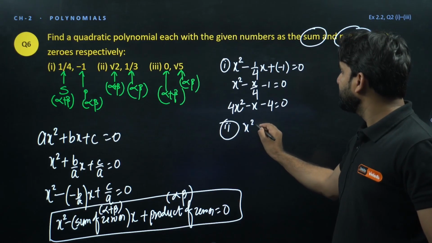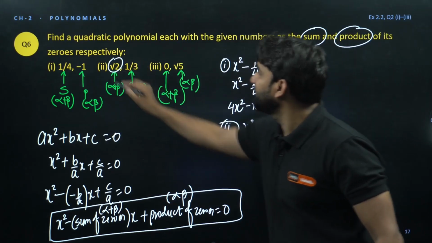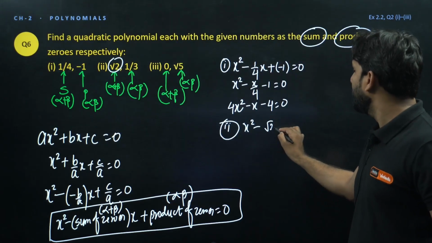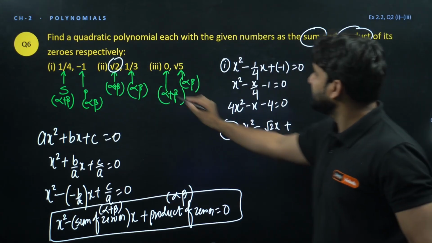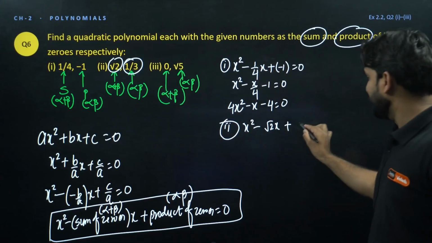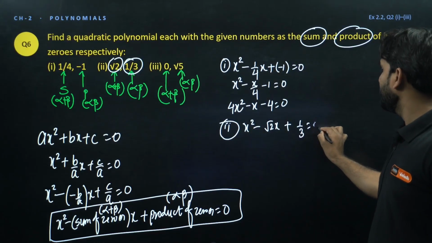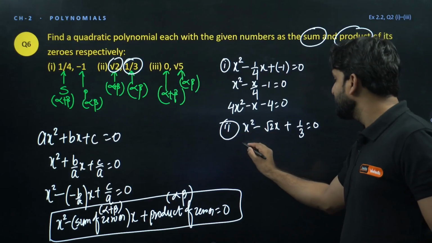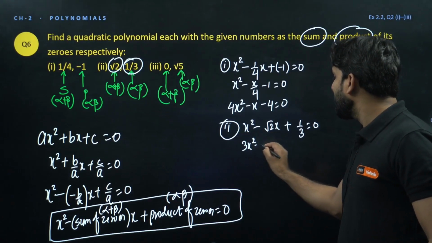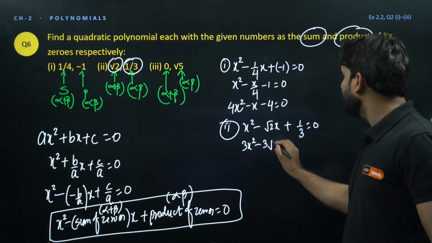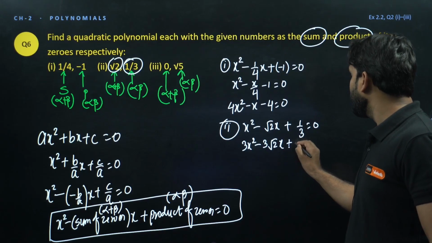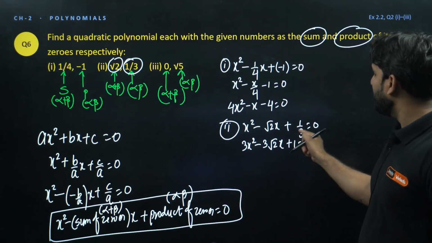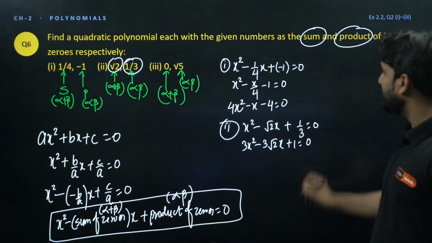Again, x square minus sum of zeros, so this is root 2 x plus product of zeros, this is 1 by 3 is equal to 0. If you want to take LCM, you can. So this equation will become 3x square minus 3 root 2 x plus 1, and 3 will multiply with 0, so this result will be 0.